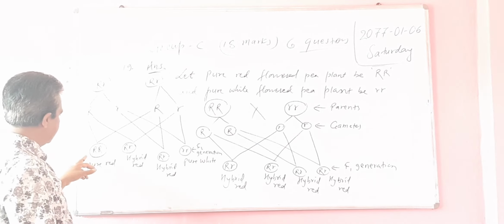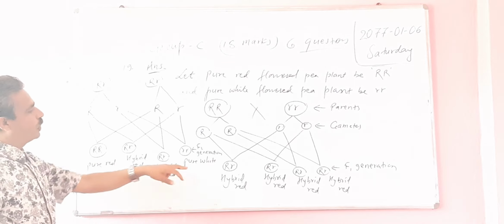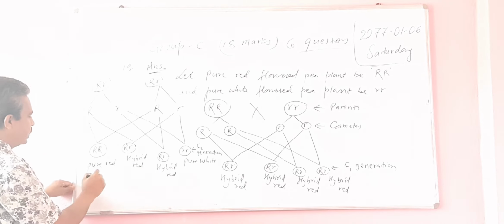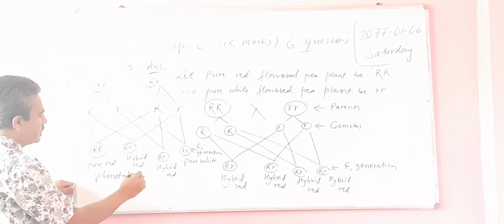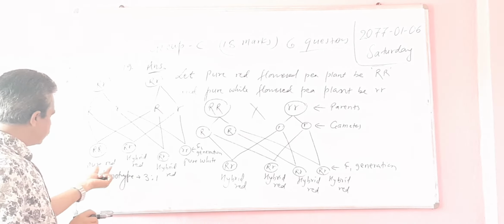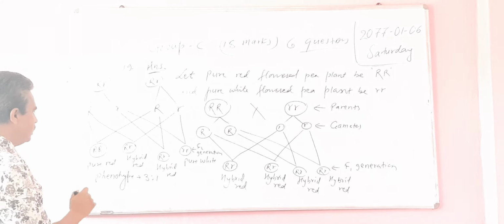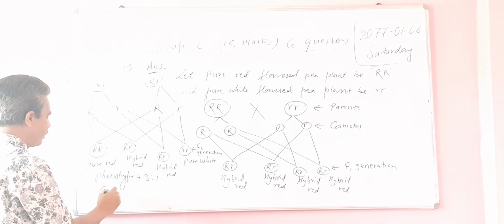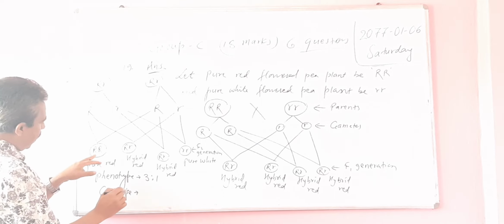Look at here. Here is given pure red, hybrid red, pure white. Means phenotype. Phenotype is 3:1. Why 3:1? 3 red, 1 white. So phenotype is 3:1. Genotype is according to gene.